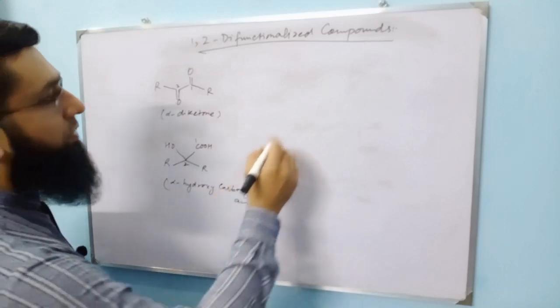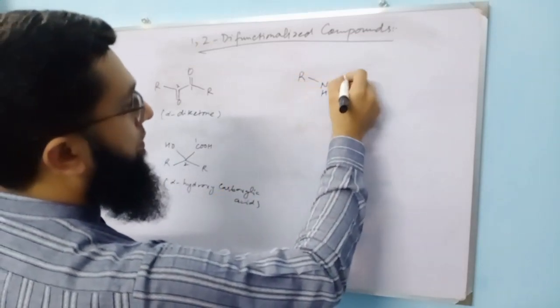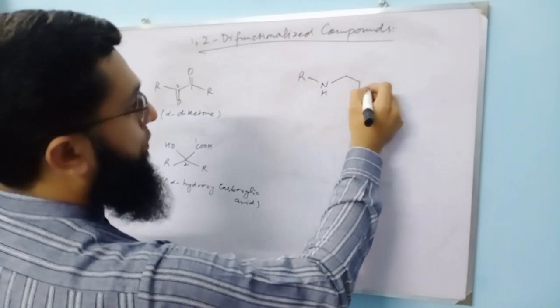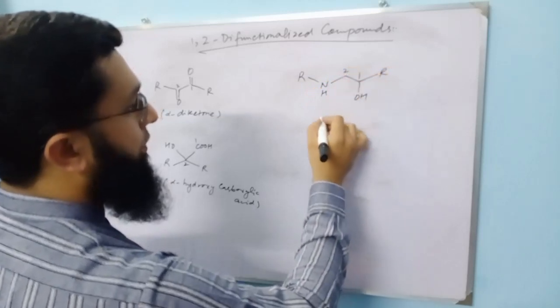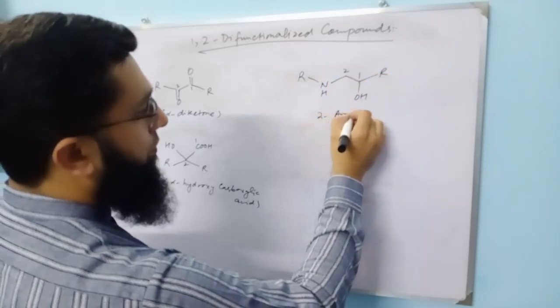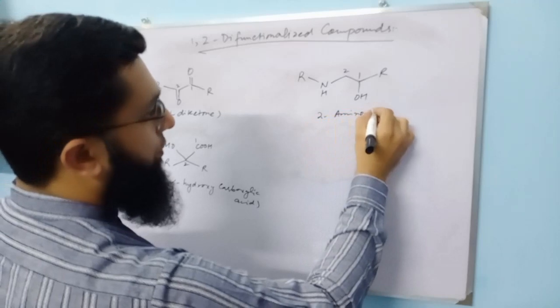We can also consider 2 amino alcohol. This is 1, 2, 2 amino alcohol.